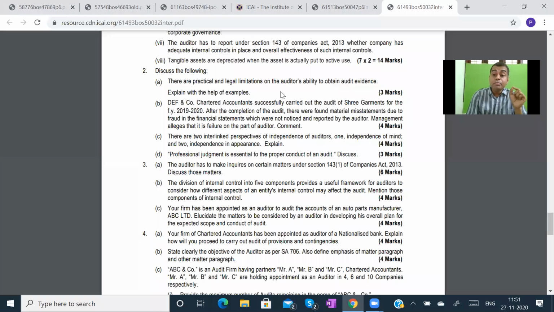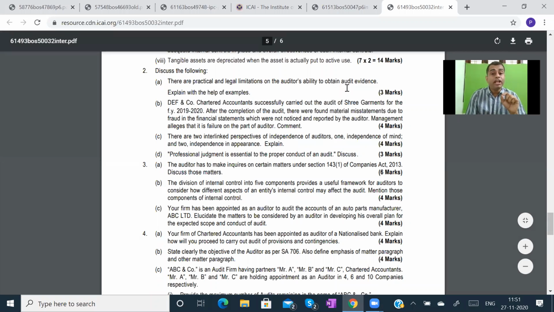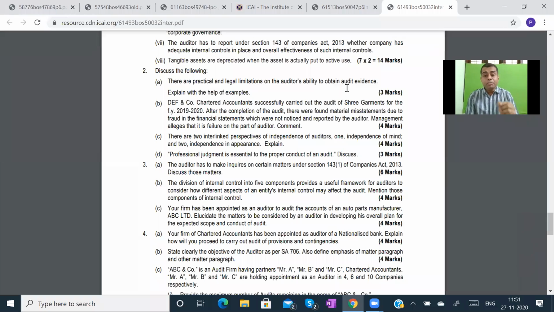Yes, inherent limitations on the audit and practical limitations to obtain audit evidence, because management or employees sometimes intentionally will not give information. Carefully planned or sophisticated frauds done by top level management cannot be easily identified by the auditor. And the auditor, because of his legal capacity, cannot search like income tax officers. Auditors cannot search. So there are practical and legal limitations. I have given you 3 examples also.